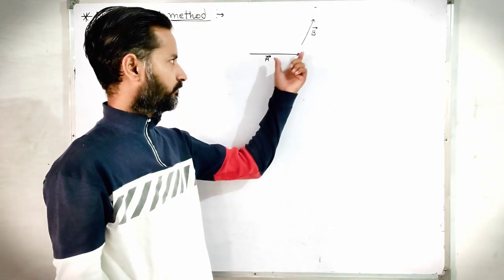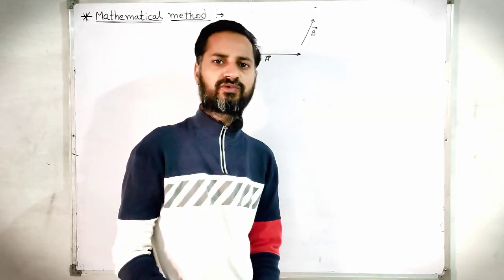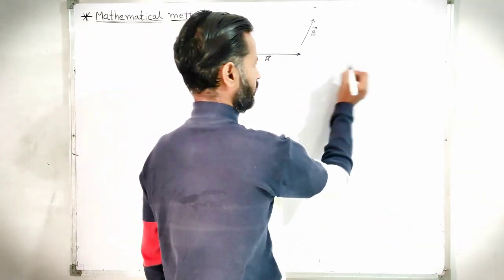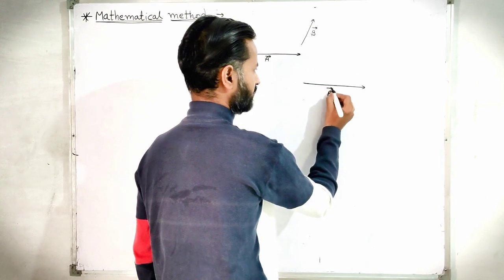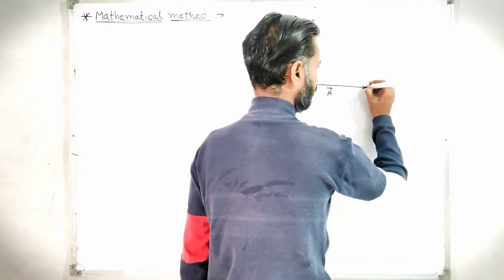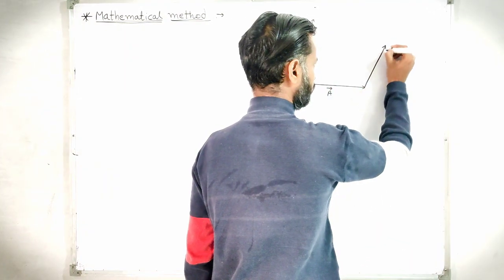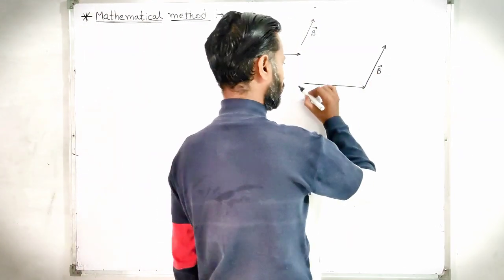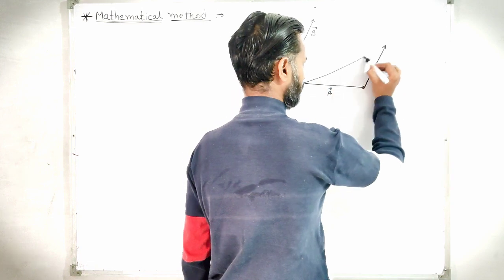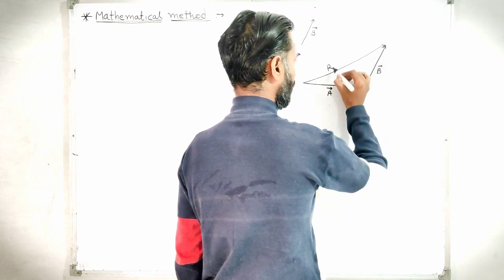We will combine them by using triangle law, so we can place the vector B along here. In this case, the resultant of both vectors will be given as R vector.